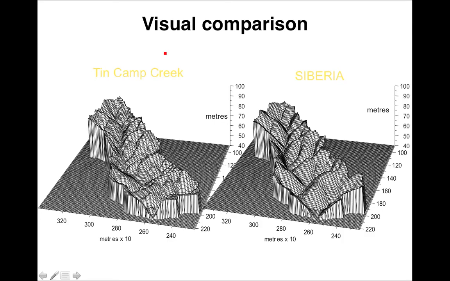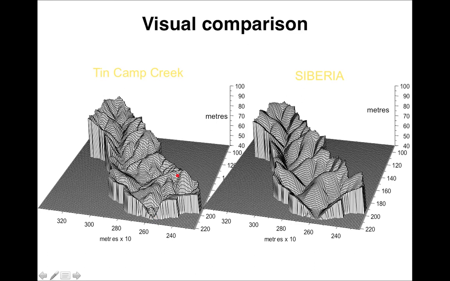So when you visually compare the Tin Camp Creek, this is the observed, with the model, SIBERIA, you can see that broadly speaking, there's a similar comparison, right? The landscape is evolving in a similar sort of way. We have this feature through here, which is eroding.